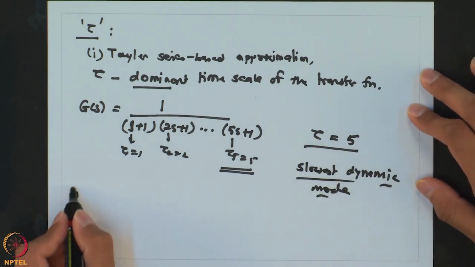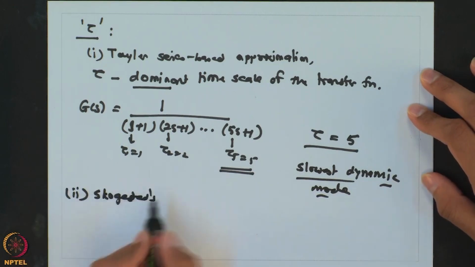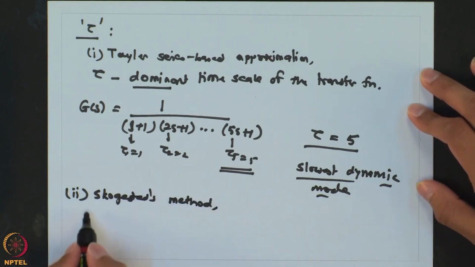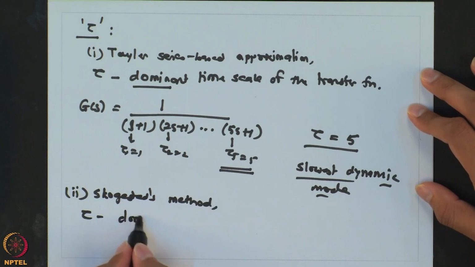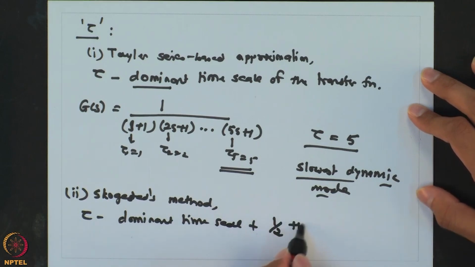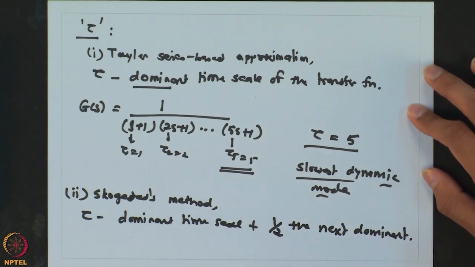In the case of Skogestad's method, tau is taken as the dominant time scale plus half of the next dominant one. So we are not relying only on the slowest time scale, but we are looking at the top two slow time scales of the process.